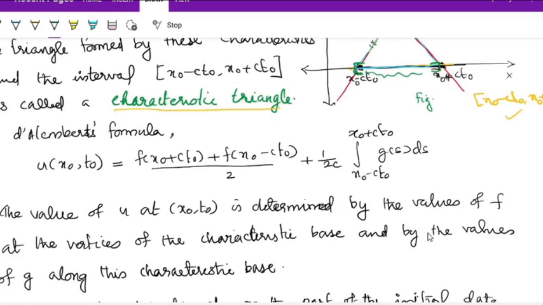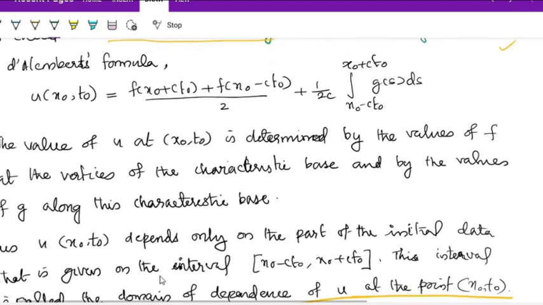That means the value of u at (x0, t0) is determined by the values of f at the vertices of the characteristic base and by the values of g along this characteristic base.